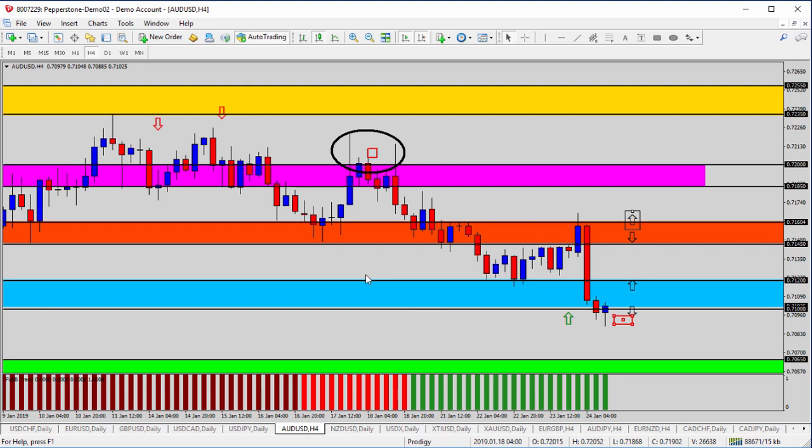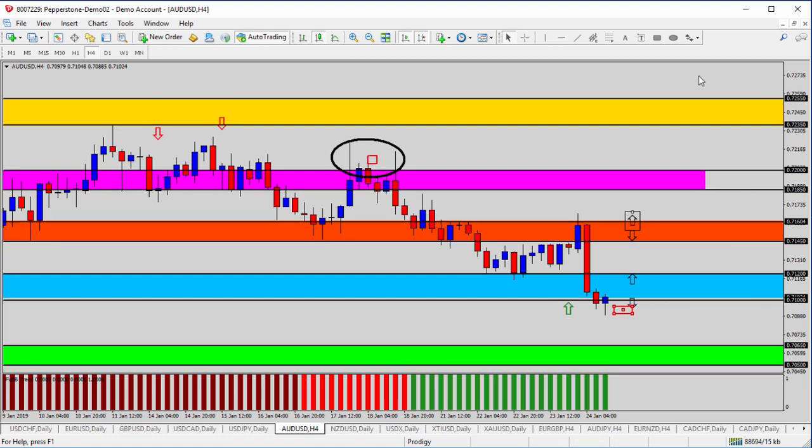So we're trying to limit the potential for a false breakout by doing this. And so we're looking for the market to get underneath 71, which increases our confidence that we can target down here to the next level, 70.65, 70.50 for the Australian dollar.